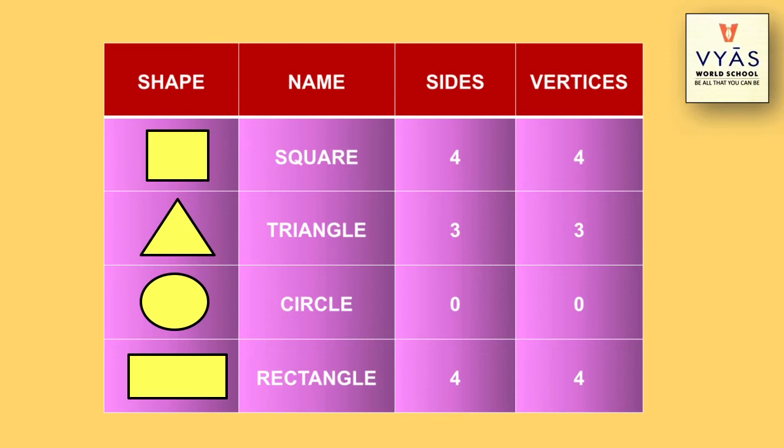Now the last 2D shape that we're going to study here is a rectangle. A rectangle is also drawn using 4 sides. That means a rectangle also has 4 sides, and the opposite sides of a rectangle are equal. A rectangle has 4 vertices.